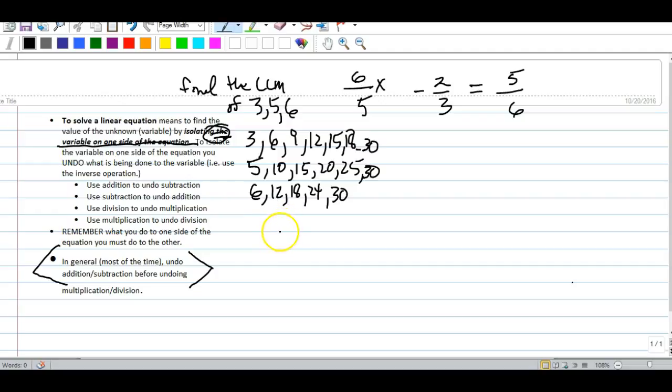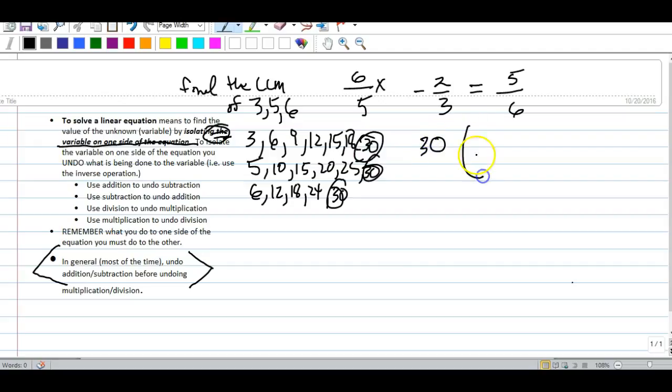So what I'm going to do is multiply both sides of this equation by 30. Multiply both sides of the equation by 30. Remember, what you do to one side of the equation, you have to do to the other. So the LCM is 30.